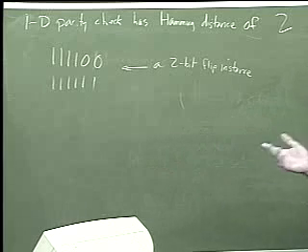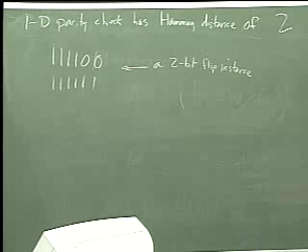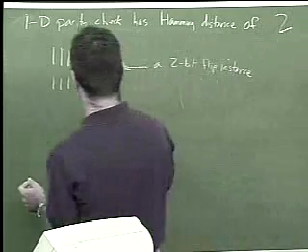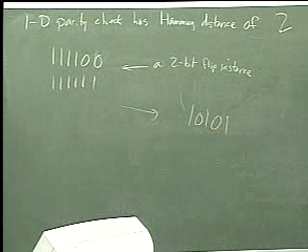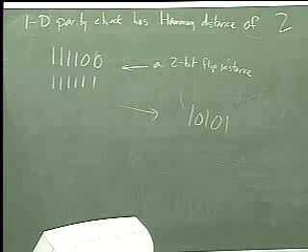Well, you need a Hamming distance of 3 in order to correct a single bit. And it makes sense, right? If I told you the received word was 10101, who knows which bit got flipped? There are so many equally likely alternatives that we don't even bother trying to correct in this case.